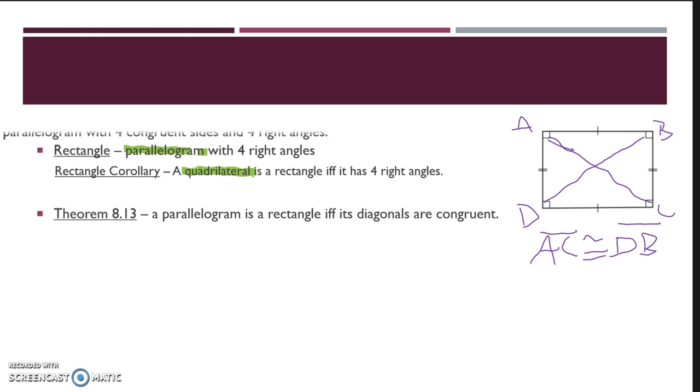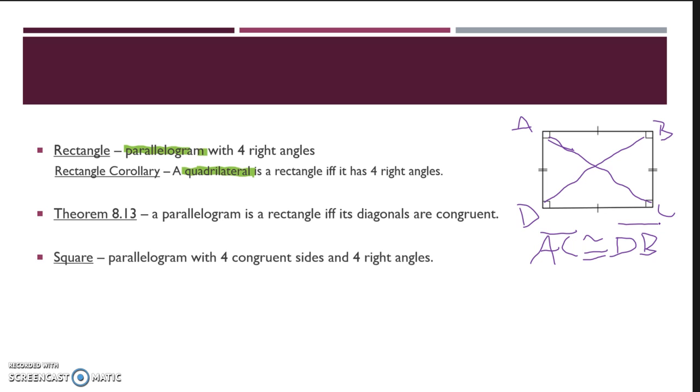And the last special type of parallelogram is a square, and it's a parallelogram that has four congruent sides and four right angles. So your square corollary: a quadrilateral is a square if and only if it is both a rhombus and a rectangle. Like I was saying before, for theorem 8.13, if you see that the diagonals are congruent, you can automatically say that it is a rectangle.